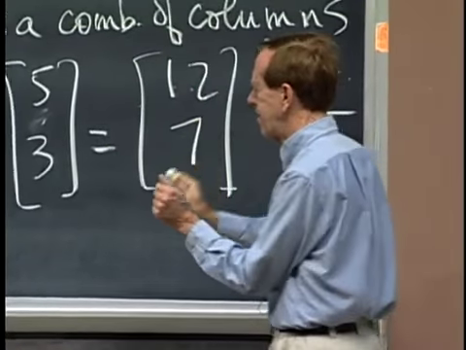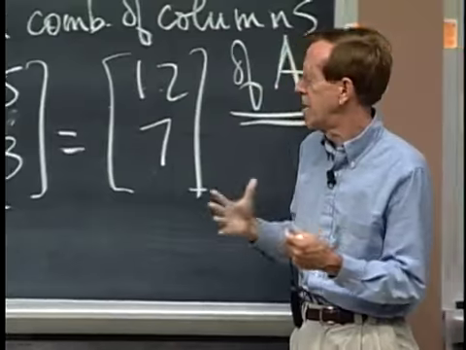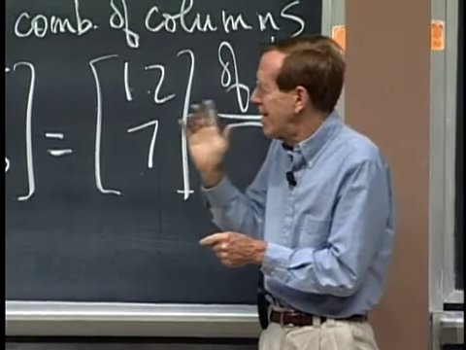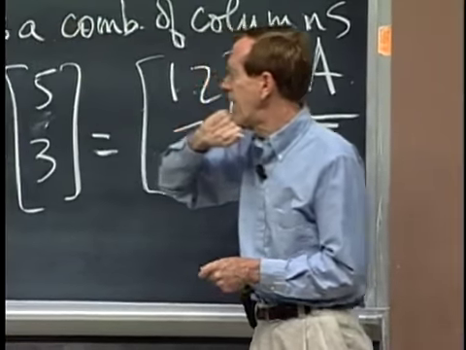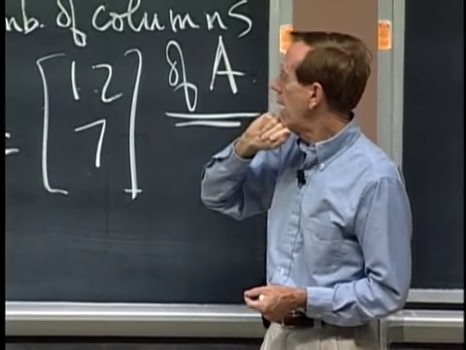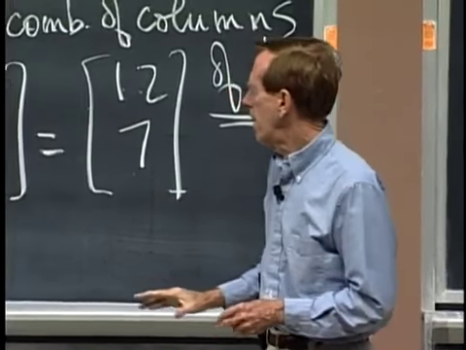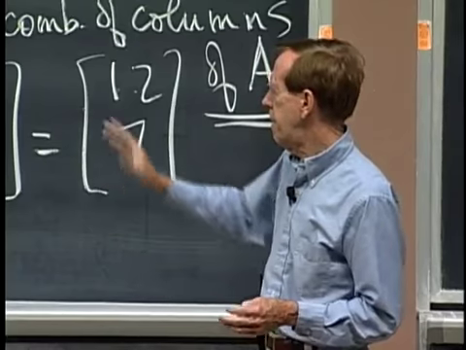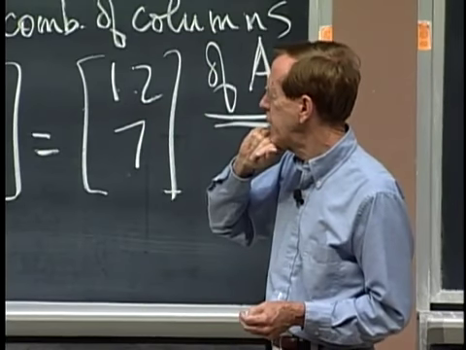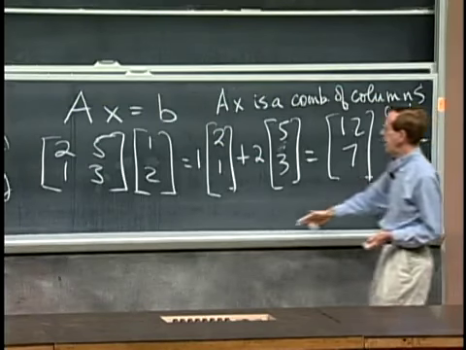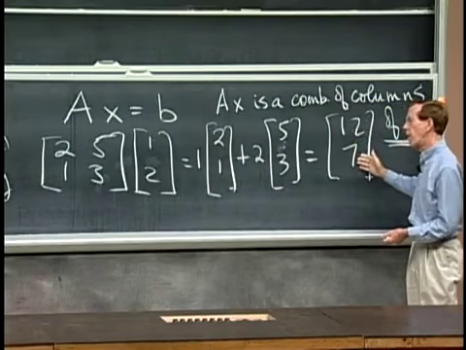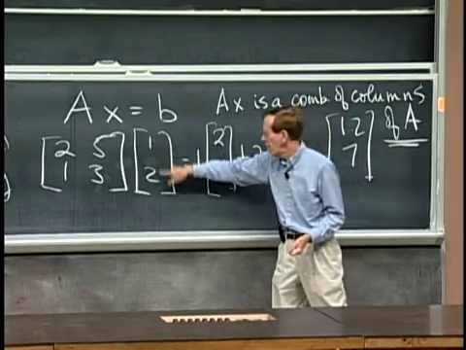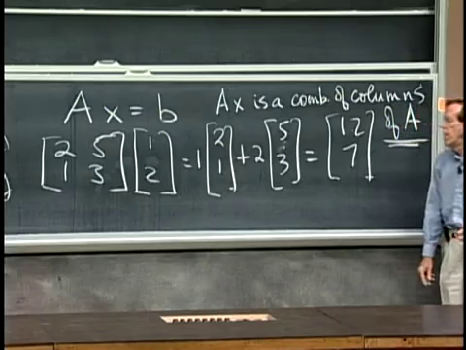Right now, with small ones, we can always do it in different ways, but later think of it that way. Okay, so that's the picture for a 2-by-2 system. And if the right-hand side B happened to be 12, 7, then, of course, the correct solution would be 1, 2.